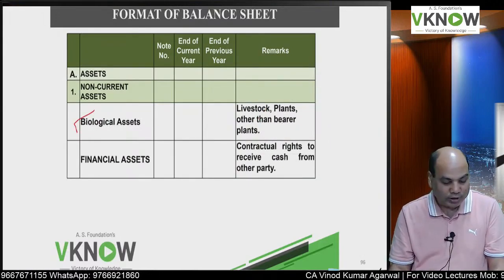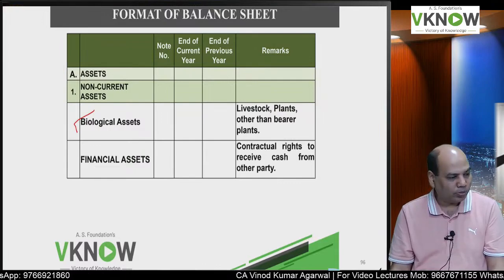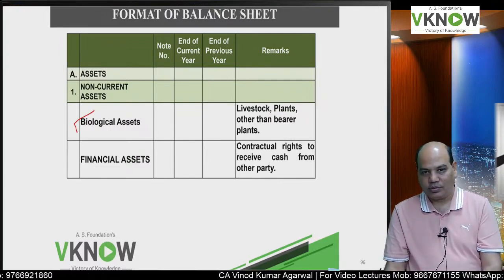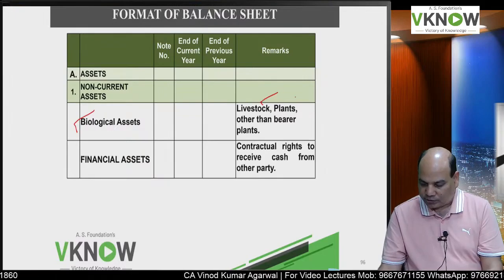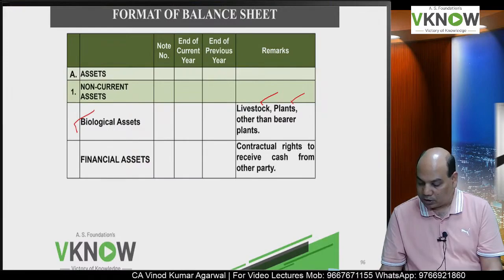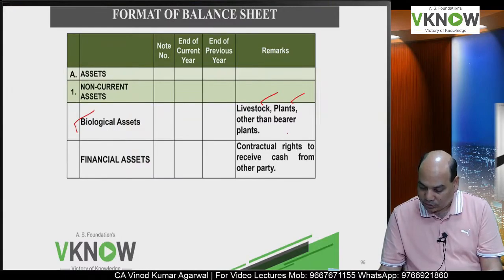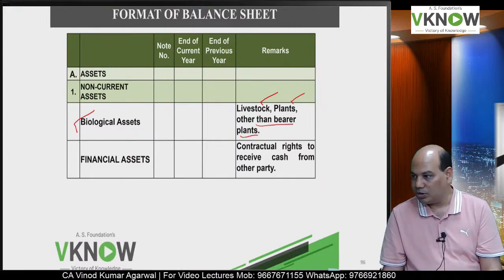One more new item for you is biological asset. Ind AS 41. Not applicable to many companies in India, but yes, for a few companies it is still applicable, like companies having tea plants, coffee plants, livestock will come here, plants other than bearer plants, because bearer plants will come as a separate item under PPE.